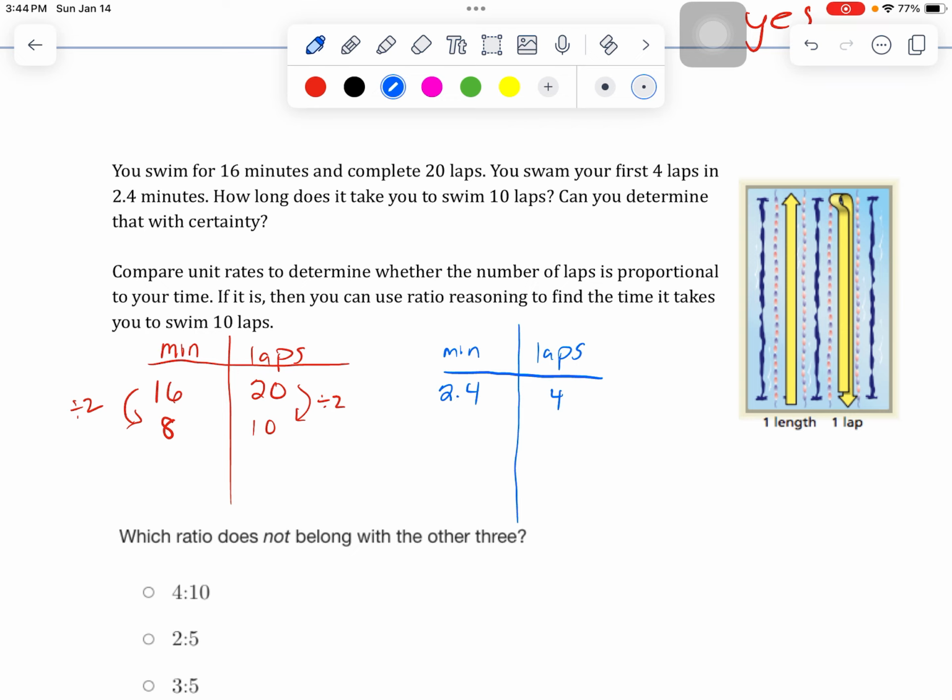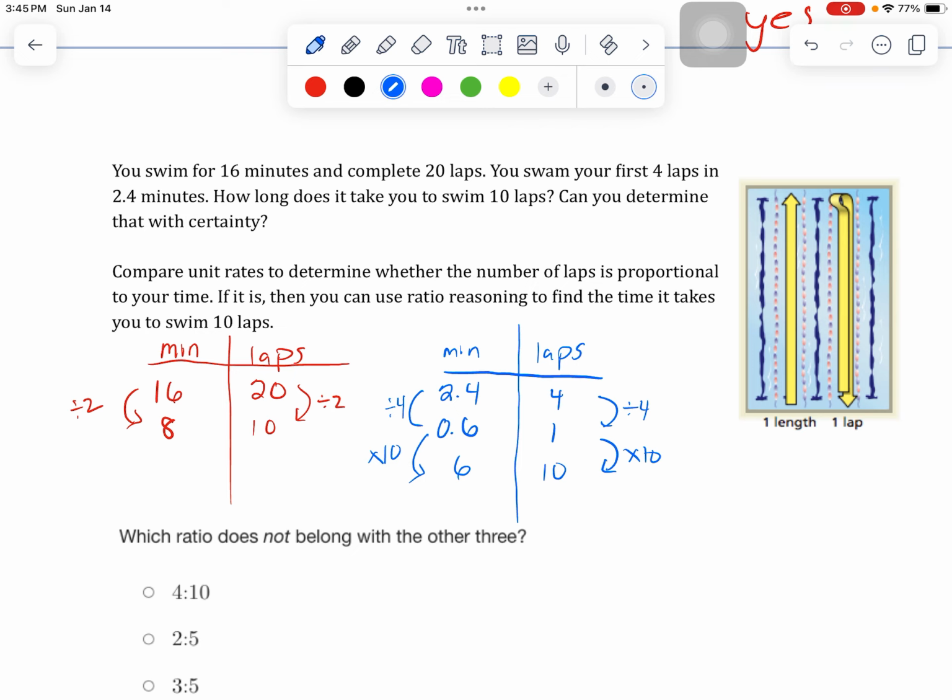All right, in the table in blue, I'm going to see, well, if I divide by 4, 1 lap would take me 0.6 minutes. So then I'm going to do times 10 and see that 10 laps is going to take me 6 minutes. So I can see that this is going to take me somewhere between 6 and 8 minutes.